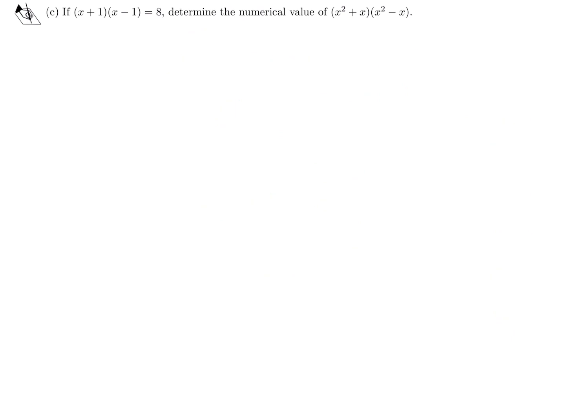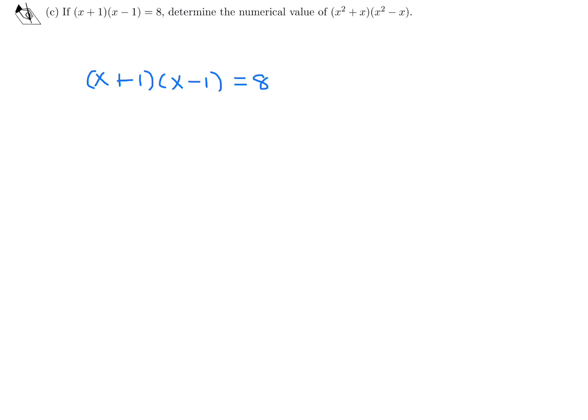If x plus 1 times x minus 1 is equal to 8, determine the numerical value of x squared plus x times x squared minus x. Well, this equation right here, we have a few ways of solving it, right? We can multiply it all out, or we can just look at inspection. x plus 1 times x minus 1. I immediately notice that it's two numbers that you multiply together to give you 8.